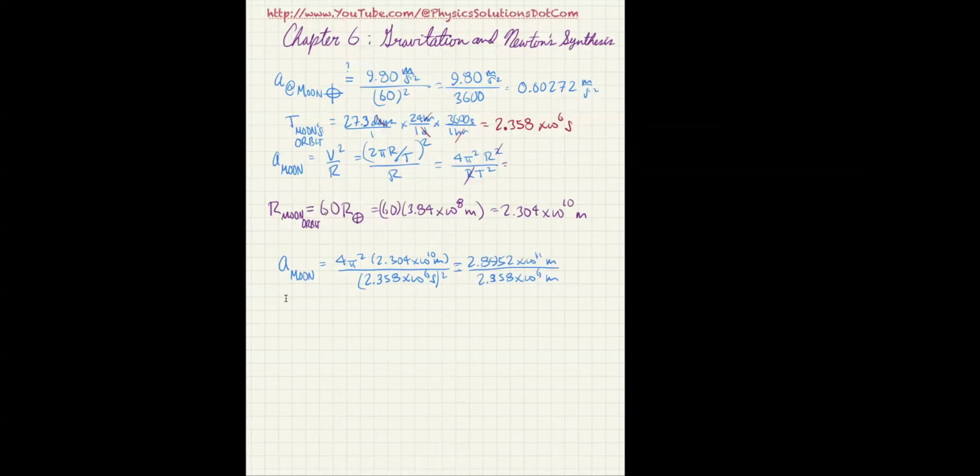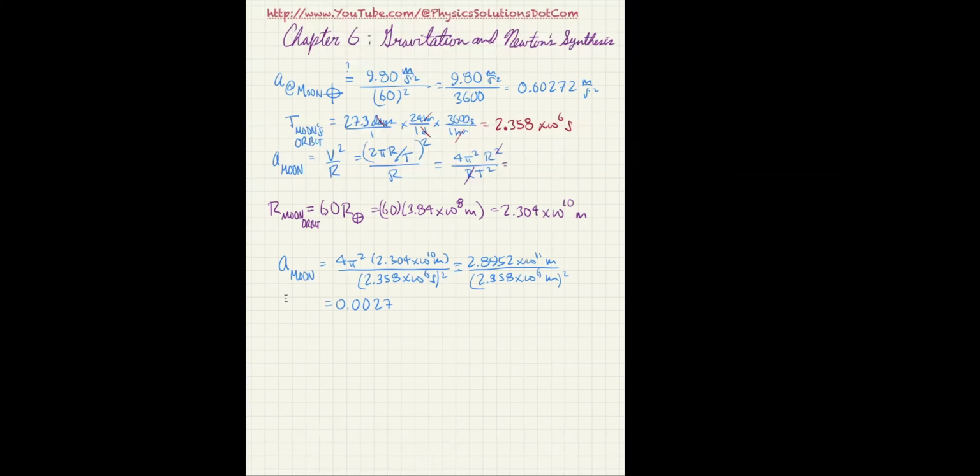Oh, that's got to be squared. That's why. Okay, so I'm going to divide this 2.895 times 10 to the 11th by 2.358 times 10 to the 6, and then I'm going to square that quantity, and that gives me 0.0027 approximately.